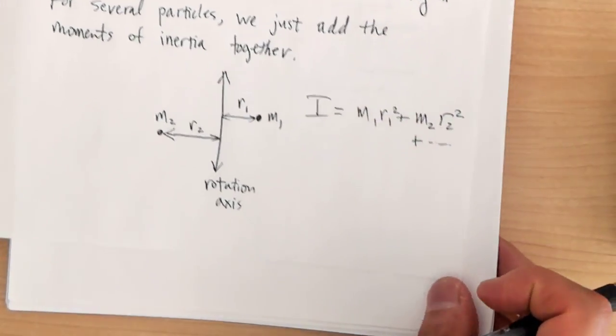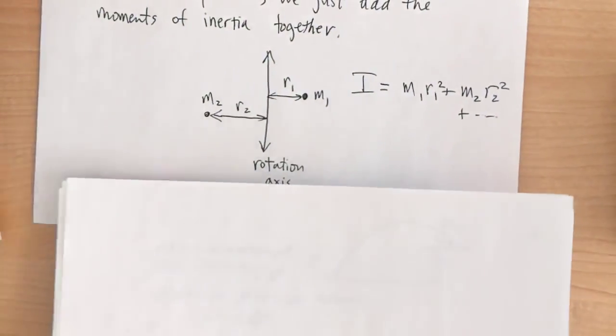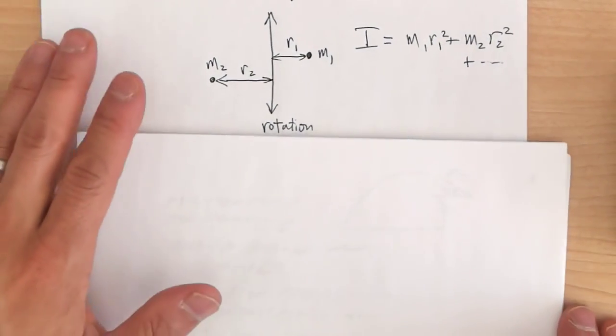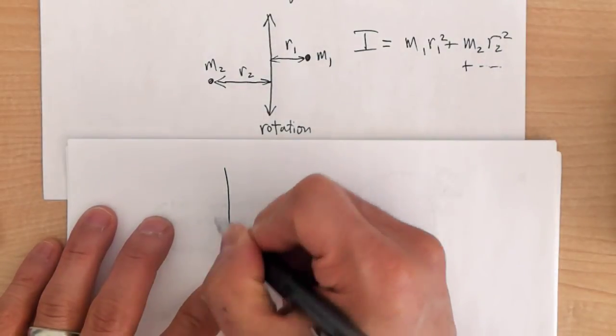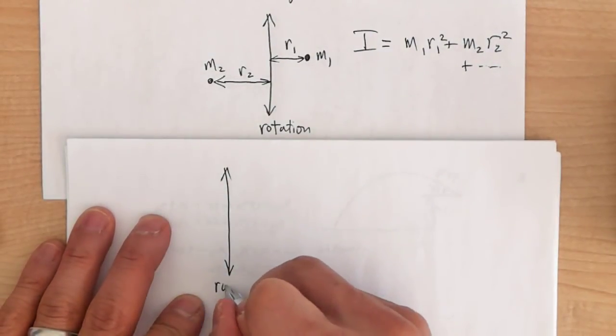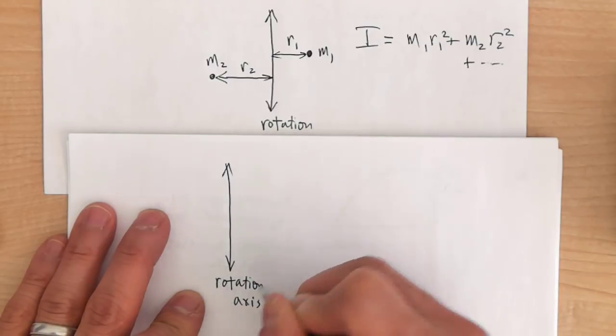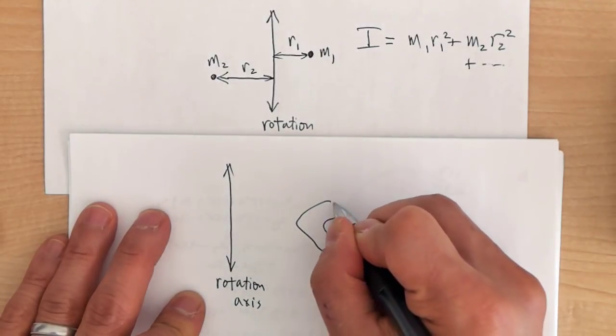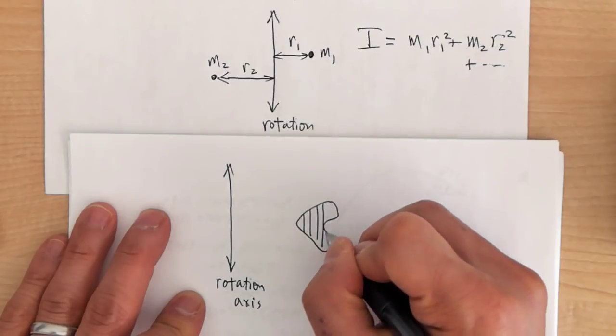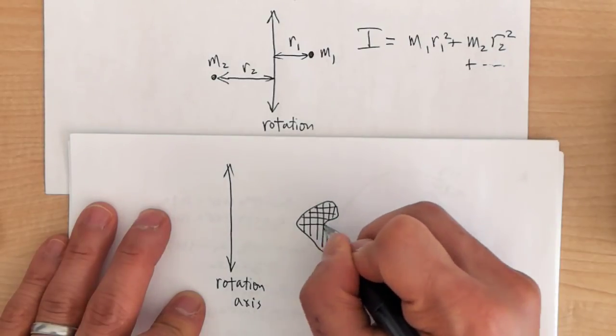If I wanted to calculate the moment of inertia of some extended object in general, here's the rotation axis, and I have some object like this. What I would do is break it up into pieces.